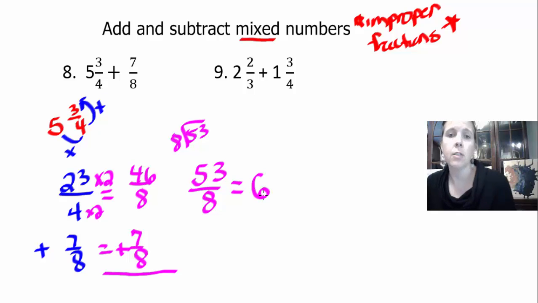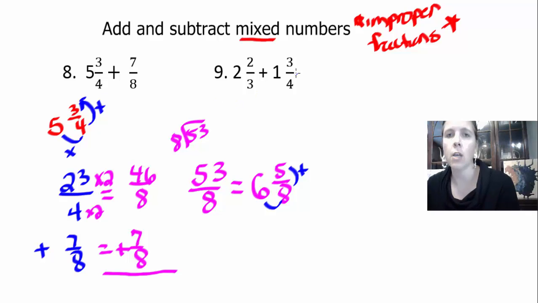That'd be 48, so that'd be 5 over 8. Make sure this is right. Go back and check. It's just the opposite. 6 times 8 is 48 plus 5, 53. So 6 and 5/8. You see how you can't just add the 5 and that to get 6 and 5/8.